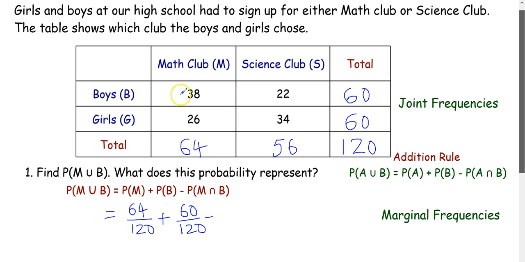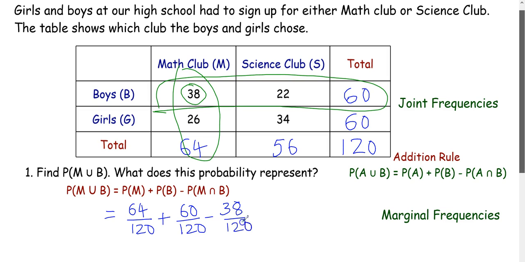So where do you see math here? This vertical column is the math and the horizontal row is the boys. So the common piece is here. This is 38, so I write down 38 over 120.